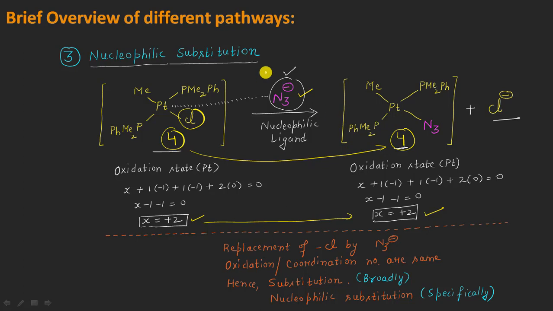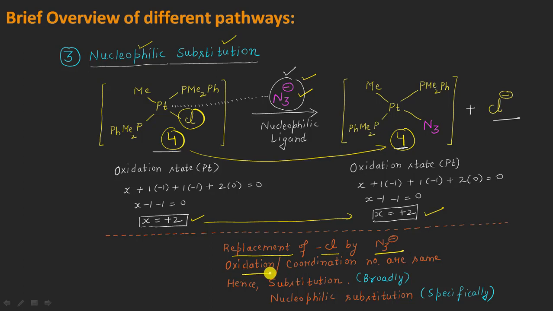So we can call it a substitution reaction, but this is surely occurring in the form of a nucleophilic attack of this ligand onto the platinum metal in this complex. So that is why it will be a nucleophilic type of substitution, right? So you can read from here the replacement of chloride is taking place with the help of N3 negative.